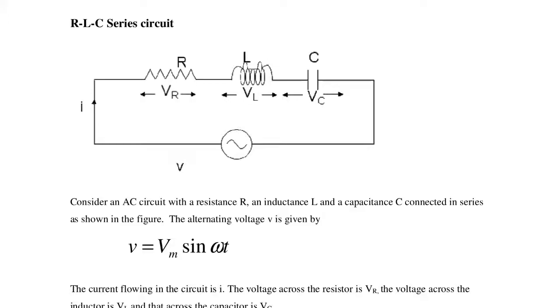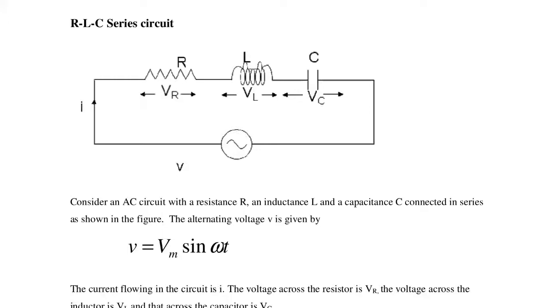When the supply is connected to the RLC series circuit, the current I is flowing in the circuit. This current I is passing through the resistance.